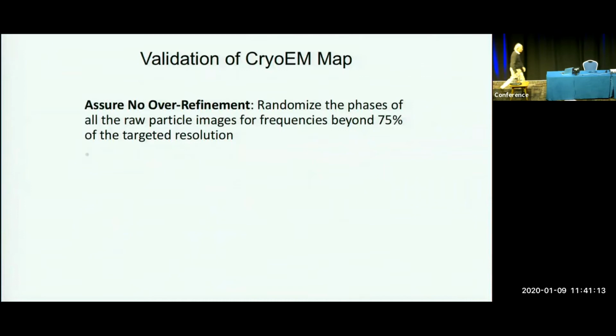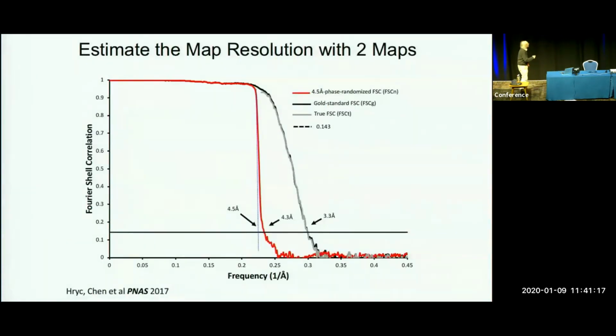Using the same example as before, the red curve corresponds to data that has been randomized at the claimed resolution of 3.3 angstroms. That means that using the same data processing scheme, you would get a result at low resolution.